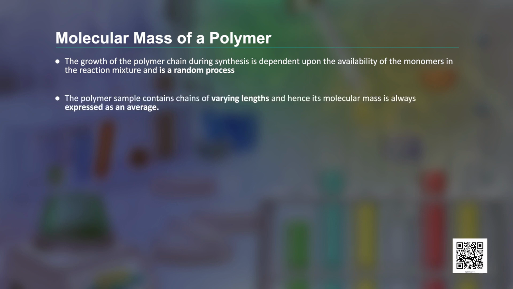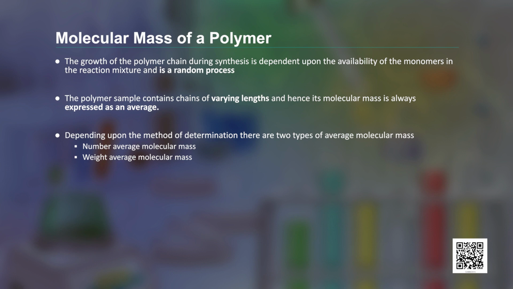The polymer sample contains chains of varying length and hence its molecular mass is always represented as an average. Depending upon the method of determination, there are 2 types of average molecular mass. One is number average molecular mass, the other is weight average molecular mass.